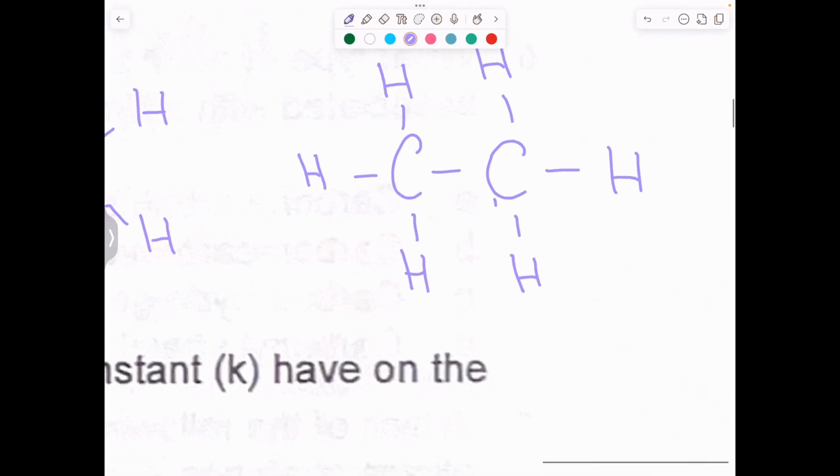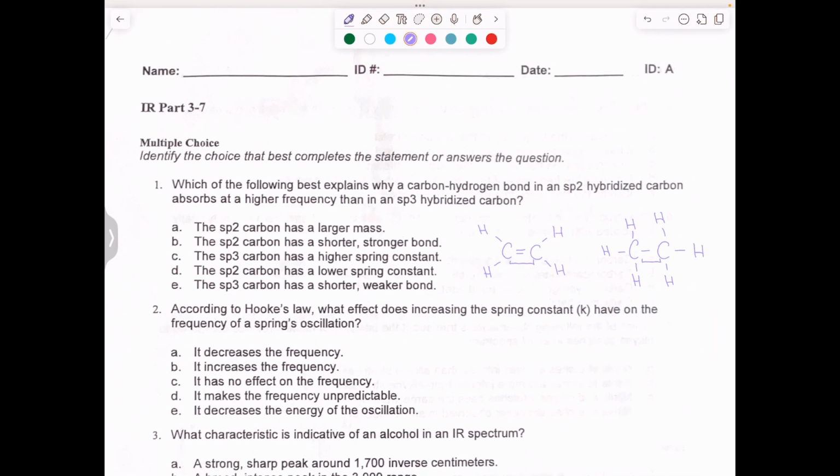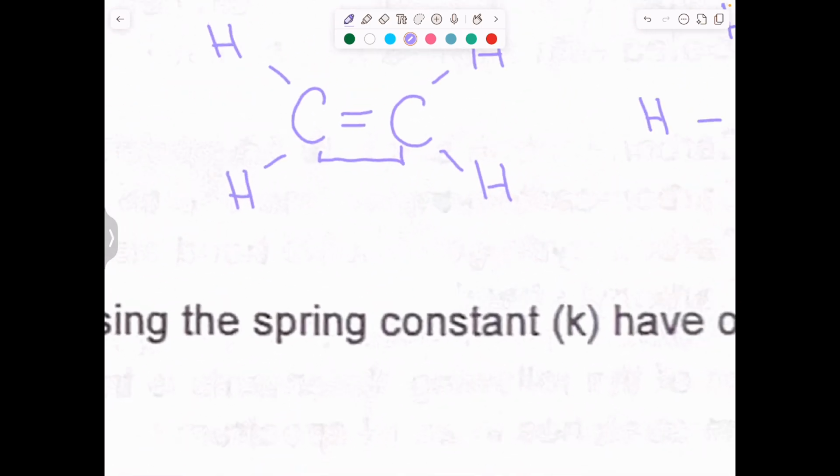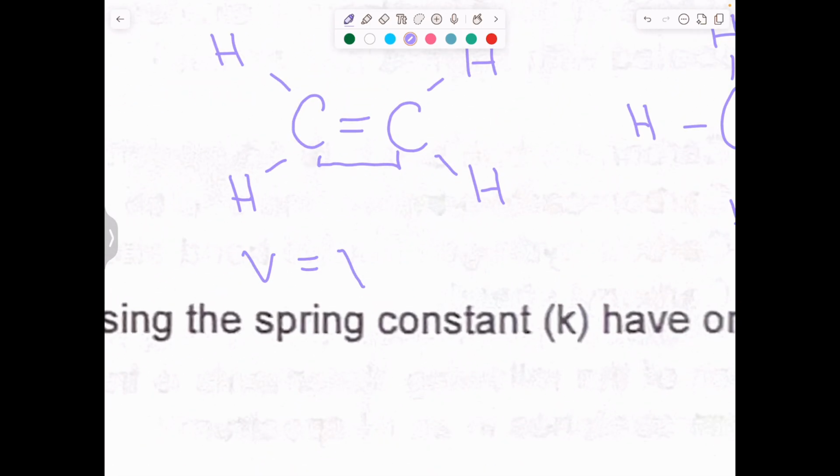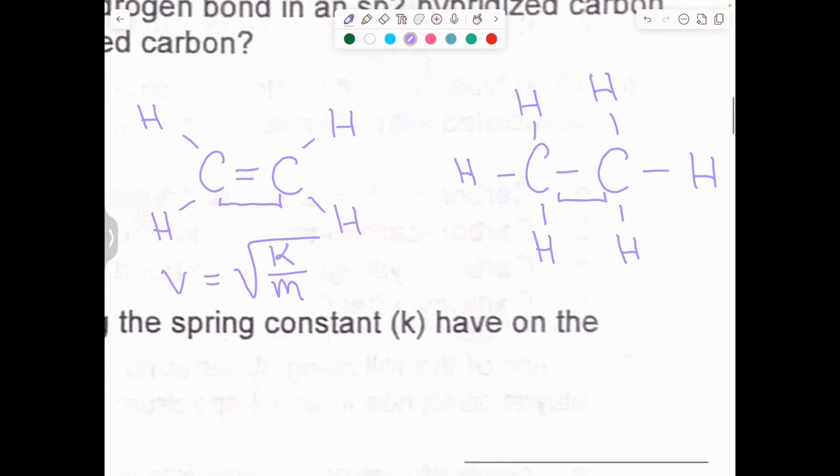And this one is a single bond, so it's longer and weaker. So we know from Hooke's law that frequency is based on a spring constant and mass. So the shorter, stronger bond will have a bigger spring constant than the single bond, which will give us a higher frequency.